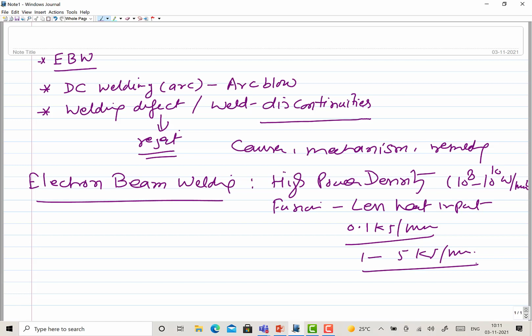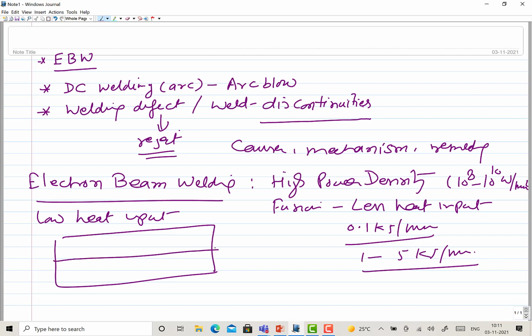That is why the high power density electron beam welding process is basically a low heat input process, which means when you develop a weld joint, a very small weld width is achieved, maybe 500 micrometer or 1000 micrometer, that is 1 mm. So the weld is very narrow.